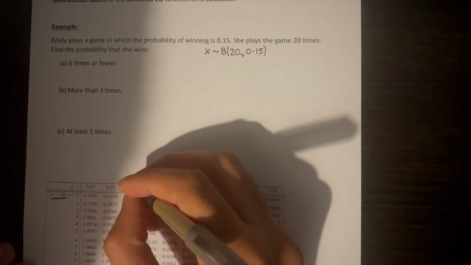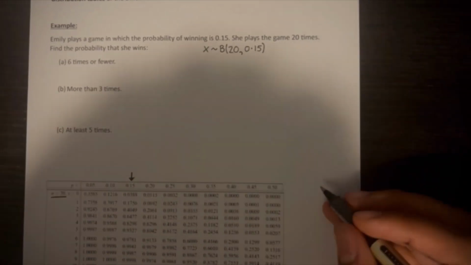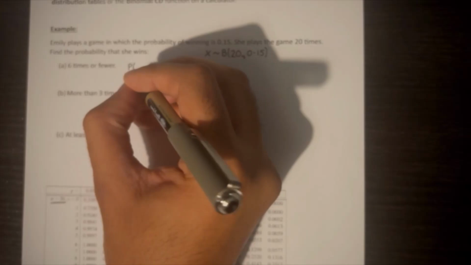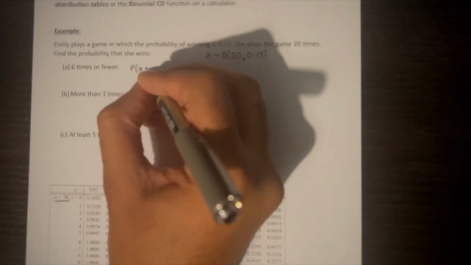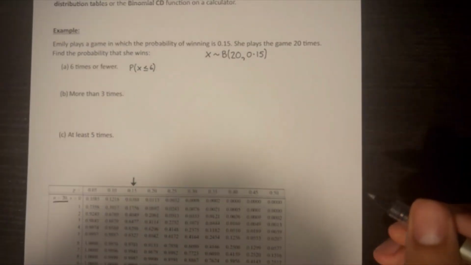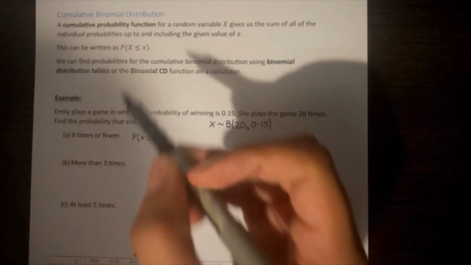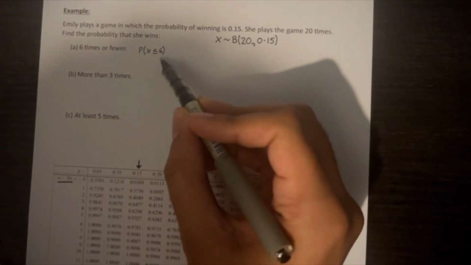Now, in our distribution, we said the probability was 0.15. So I'm interested in this column here, and we want our probability to be less than or equal to 6, because our question says 6 times or fewer. So that is the probability that x is less than or equal to 6. Our binomial distribution tables give us the probability that x is less than or equal to our value, so that's perfect for this question.